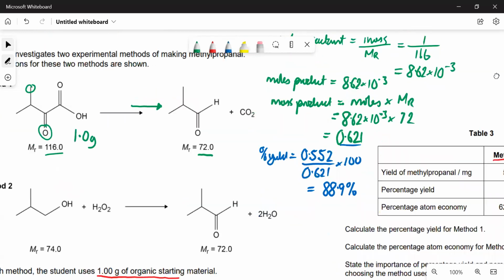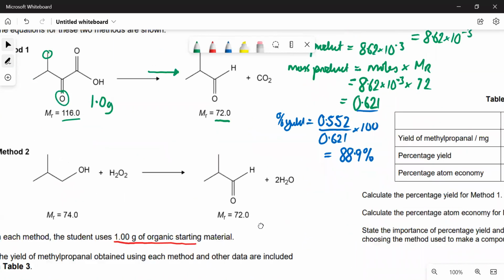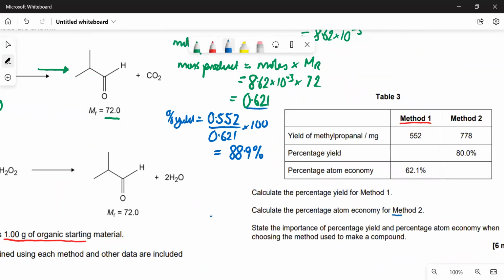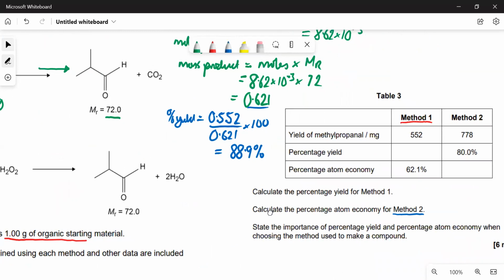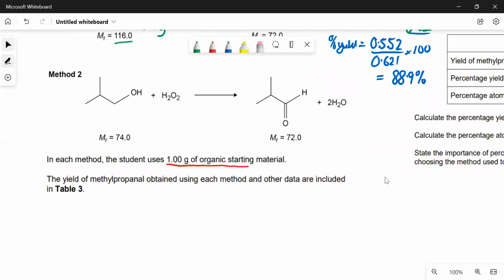Right, next part. Now we have to calculate the percentage atom economy for method 2. So there's method 2, that's what we're interested in. What is atom economy?